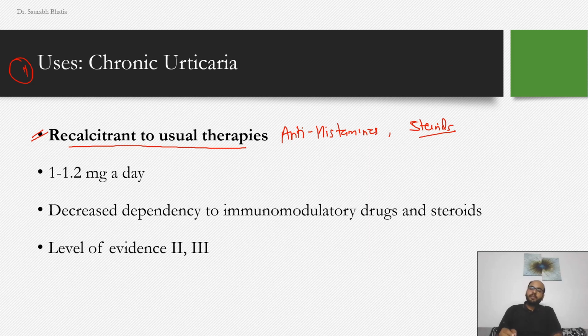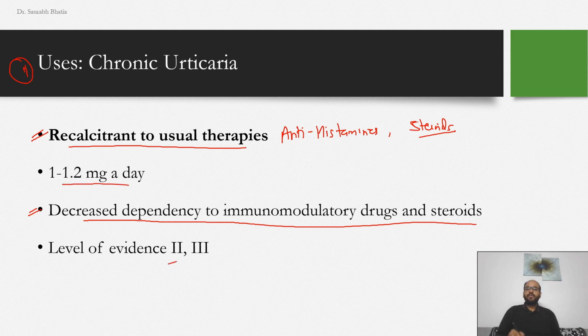So then colchicine becomes a good drug to add as a steroid sparing agent. Okay, so colchicine can be used to decrease the dependency to immunomodulatory drugs and steroids, to decrease the doses required or the dependency of the patient to those drugs. Doses roughly about 1 to 1.2 milligram per day. Level of evidence is 2 and 3. We'll discuss the level of evidence few slides afterwards. Don't worry.